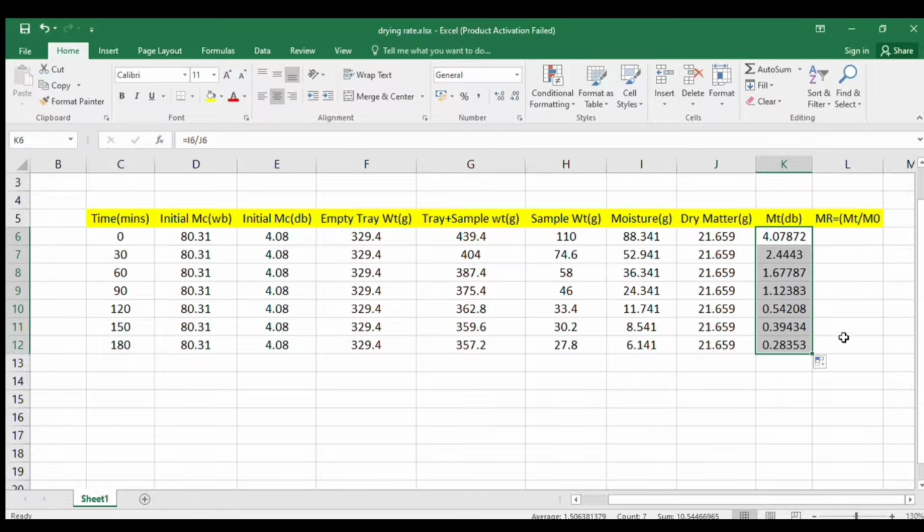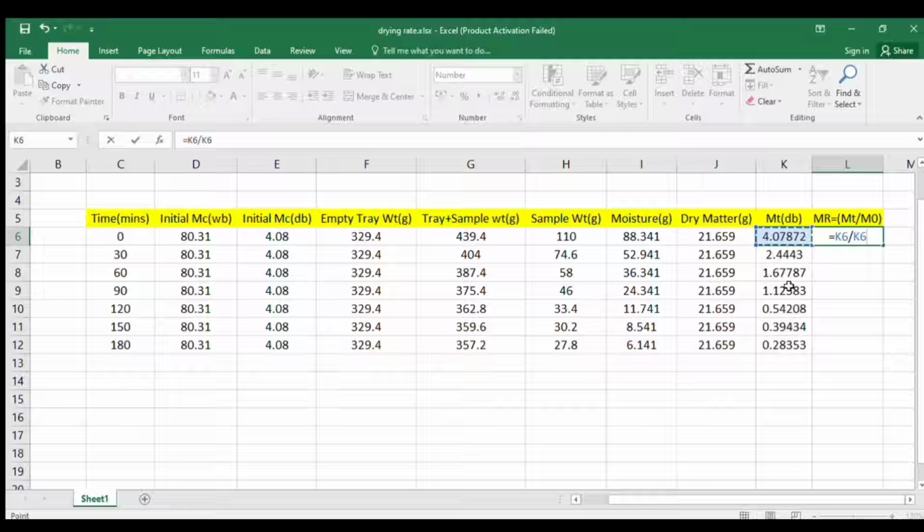This is the ratio of moisture dry basis and the initial moisture. Here the numerator and the denominator are the same for the first cell, and the numerator will change with time, and so on, but the denominator, which is the initial moisture, will stay the same.